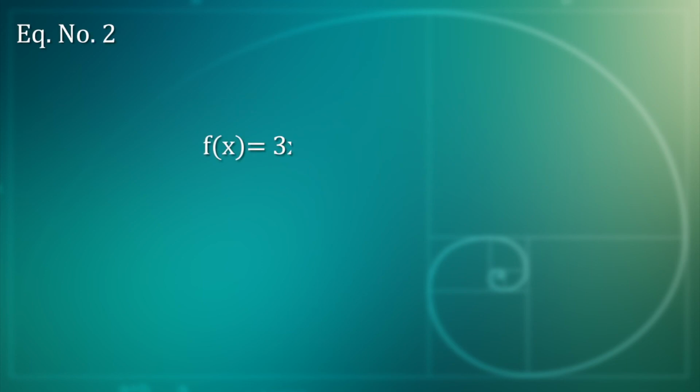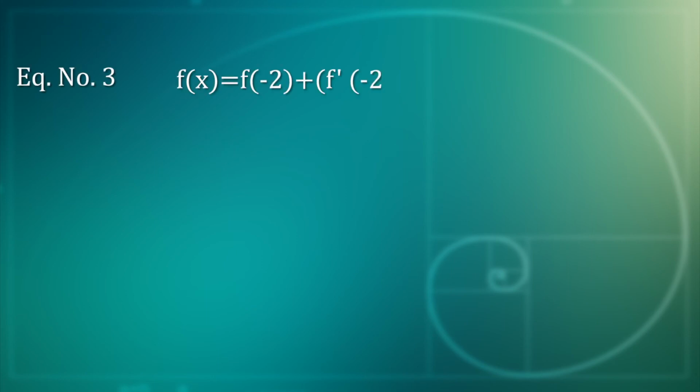The given equation is f of x is equal to 3x cube minus 2x square plus x minus 4. And we have to expand in powers of x plus 2.